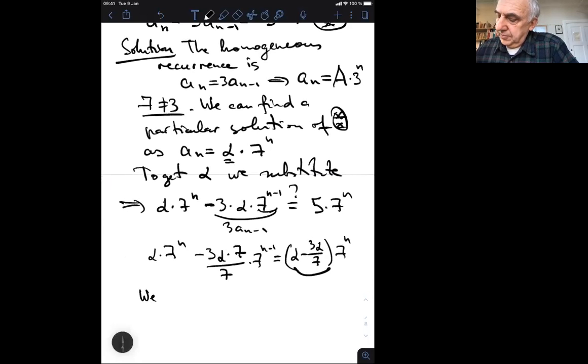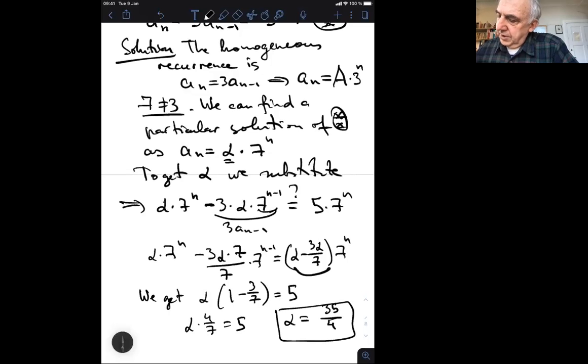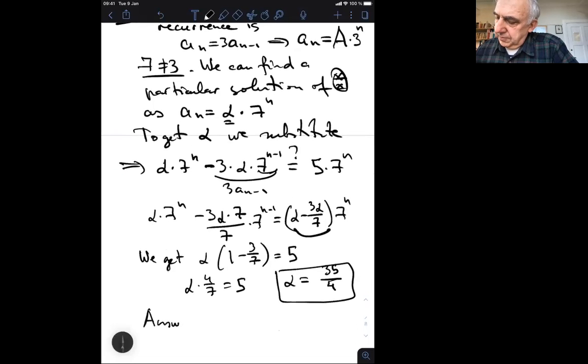So first of all, we can factor out alpha, and then 1 minus 3/7 equals 4/7, so alpha times 4 divided by 7 equals 5, alpha equals 35 divided by 4. So our general answer would be a n equals A times 3 power n plus 35 divided by 4 times 7 power n.